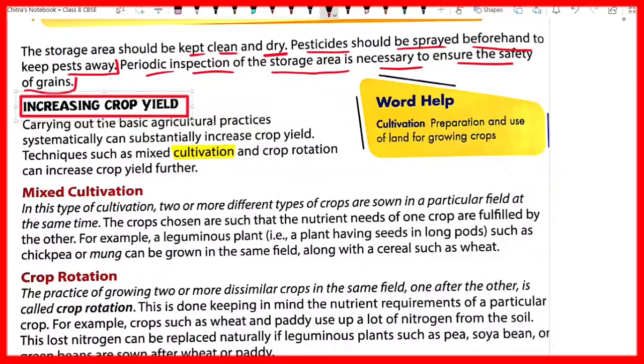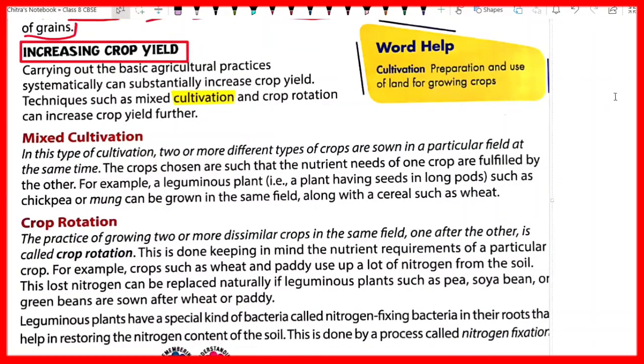Today we are going to understand increasing crop yield. Every year the Indian population, or the world population, is increasing, but the crop field area is limited. Some of that field area is being used by various industries for civilization and for developing infrastructure.